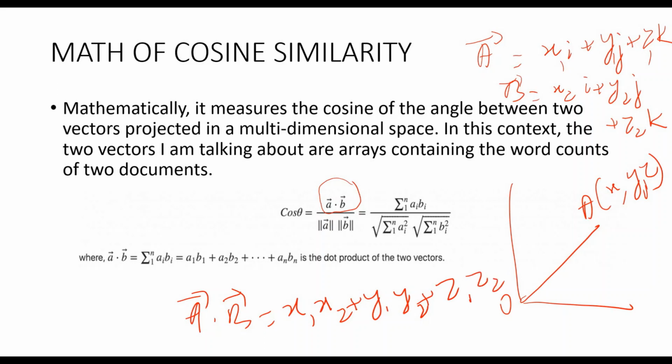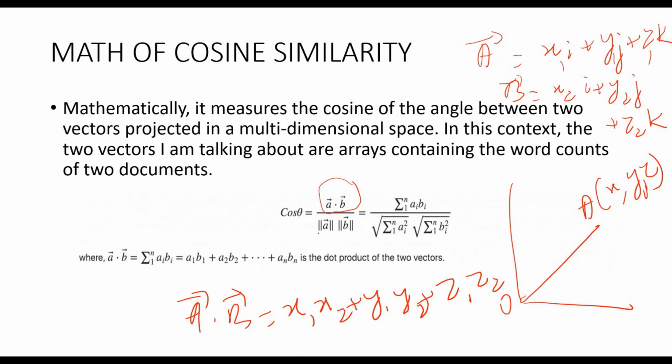In this form, i, j, k are the unit vectors: i is the unit vector along the x-axis, j along the y-axis, and k along the z-axis. So vector A is x1i plus y1j plus z1k, and vector B is x2i plus y2j plus z2k. Then A dot B is x1 x2 plus y1 y2 plus z1 z2.